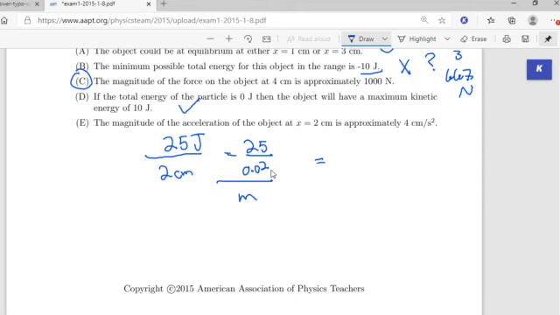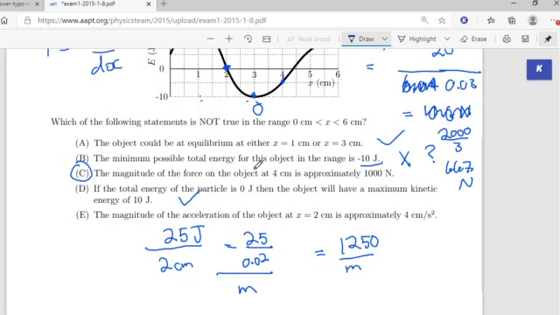Okay, 25 divided by 0.02 is just 25 times 50, so 1250 over the mass, which is 0.5 kilograms, so 2500 meters per second squared.